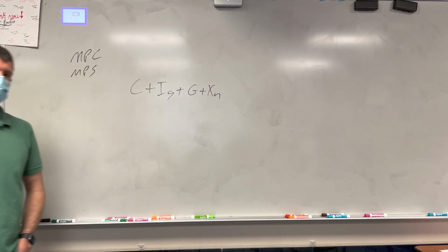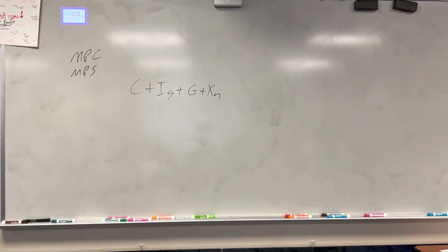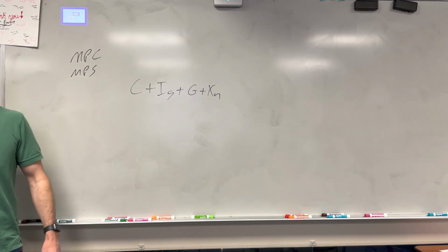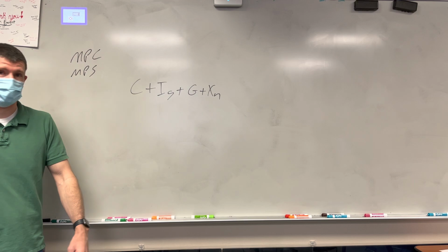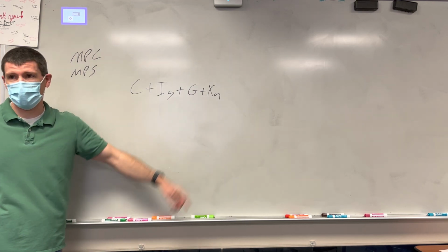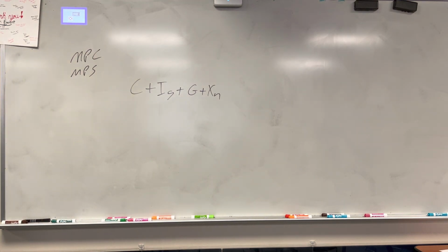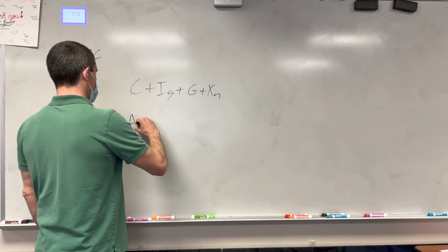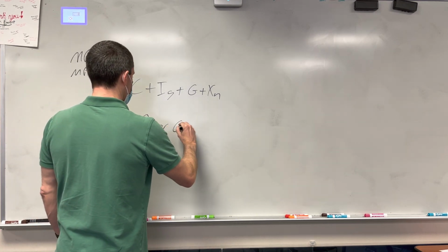If we have a change in spending in any one of those categories, we can apply the spending multiplier. When they want you to use this, they'll say there was a change of this much in consumption, or in investment, or in government spending or net exports. And then what they want to know is what is the overall change in aggregate demand or GDP. They'll say one or the other.